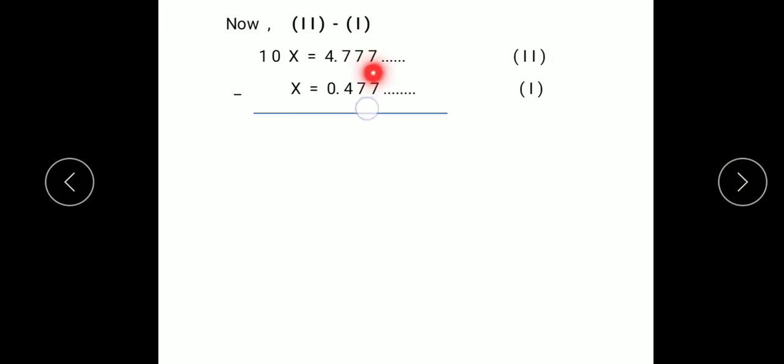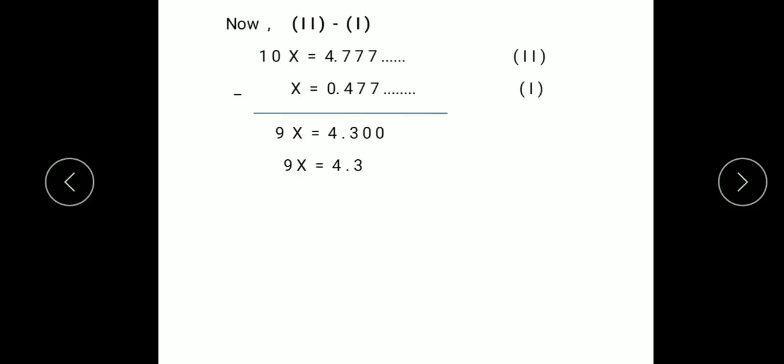Again 7 minus 7 will give you 0. But 7 minus 4 will give you 3. We have 3 in the tenths place. While in the whole number part, 4 minus 0 will be equal to 4. Therefore, we obtain 9x equal to 4.3.